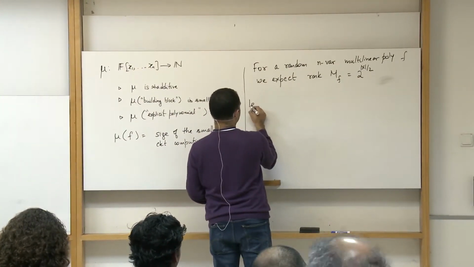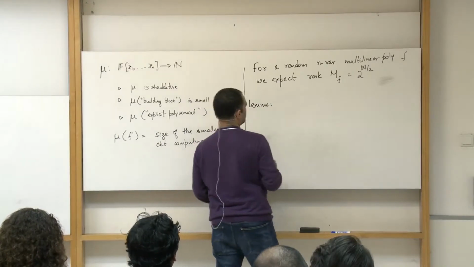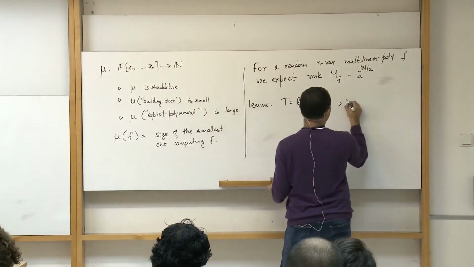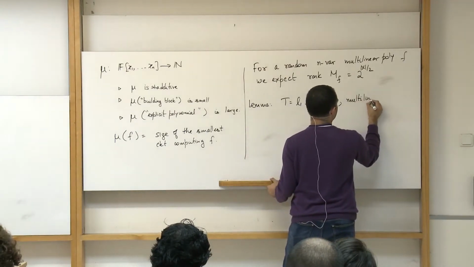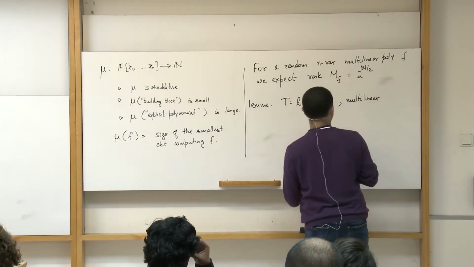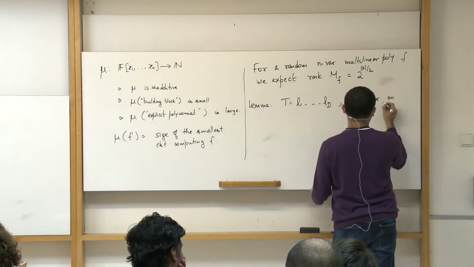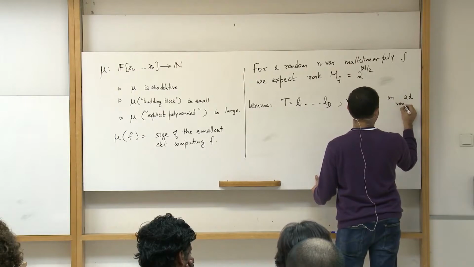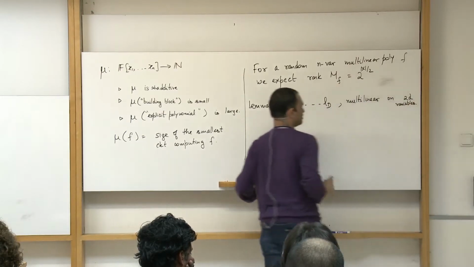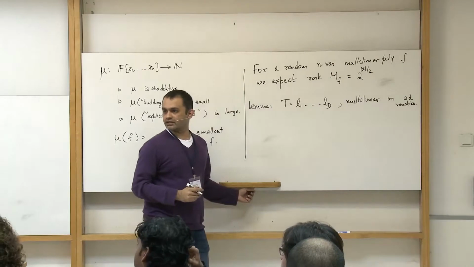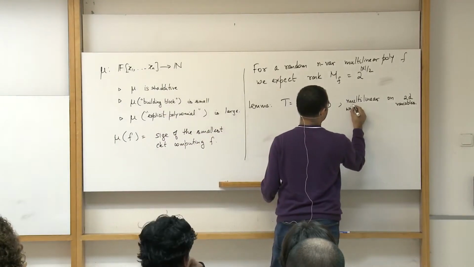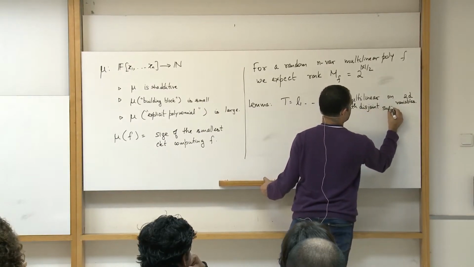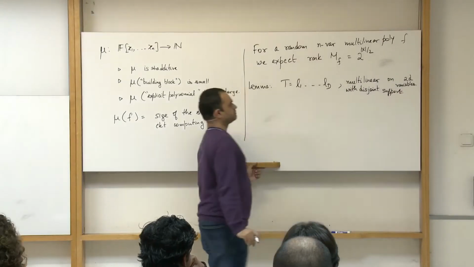So here is the main lemma. Let T be a term which looks like L1 through LD, multilinear, on the 2D variables, with disjoint supports.